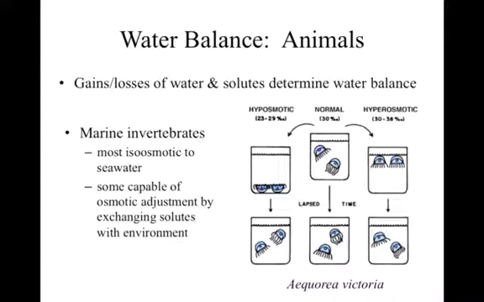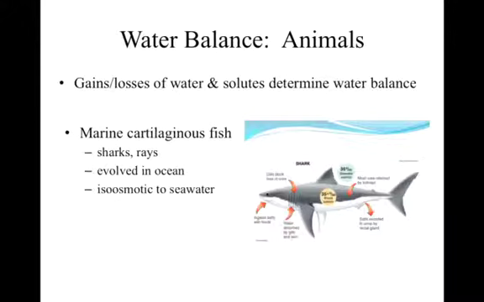If you put them in and they are less salty than the environment, so they are hypoosmotic relative to the environment, which is hyperosmotic relative to them, then they will float initially, but then they will regulate their salt concentrations. They will spit out some of the water, take in salts, and they will again start to float through the water because they've undergone osmotic adjustment in order to become isoosmotic to their environment.